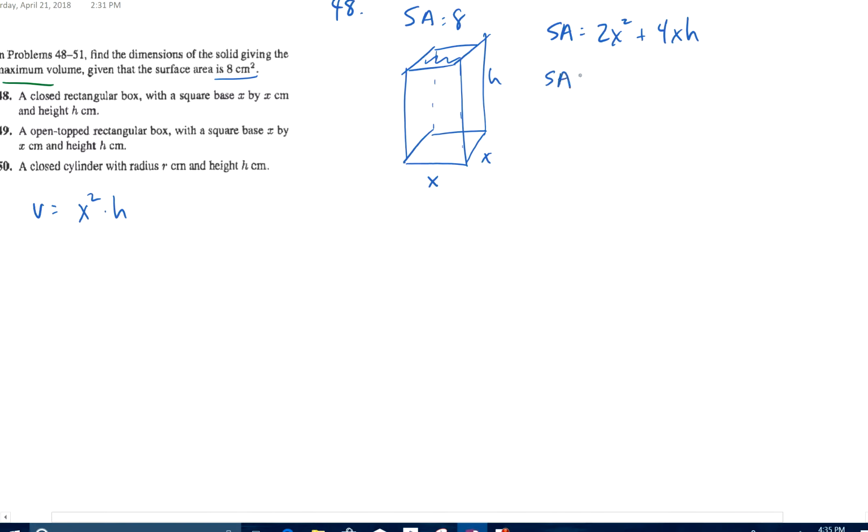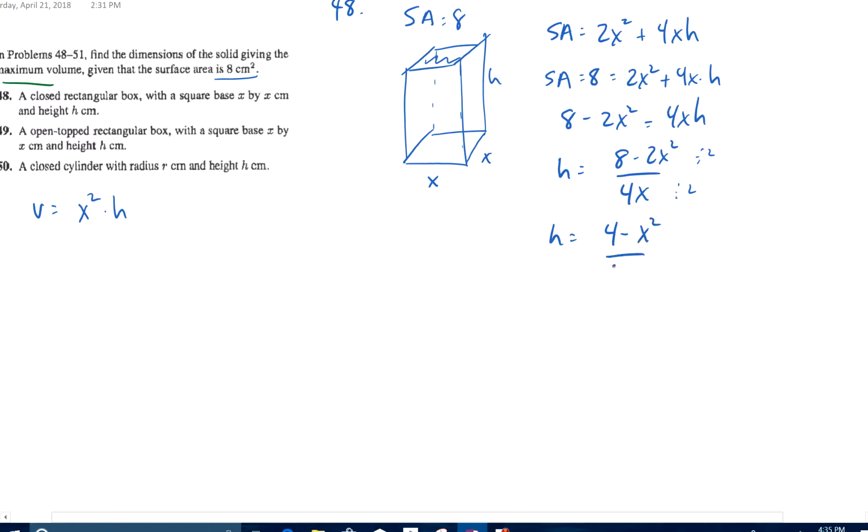So the surface area is 8, which is 2x squared plus 4xh. So 8 minus 2x squared is 4xh. Solving for h, h is 8 minus 2x squared all over 4x. If I divide top and bottom by 2, I get h is 4 minus x squared over 2x.